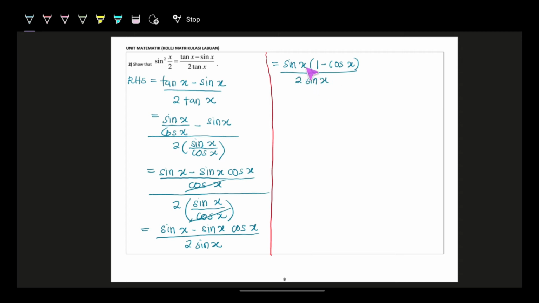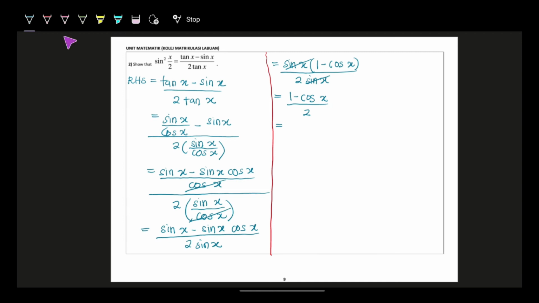There is a sine x here and a sine x here, so we can cancel it. It becomes 1. And we're left with 1 minus cos x over 2. But bear in mind, this is not the final answer. We want the sine squared and the angle must be half, x over 2. But we still have x, not yet x over 2.